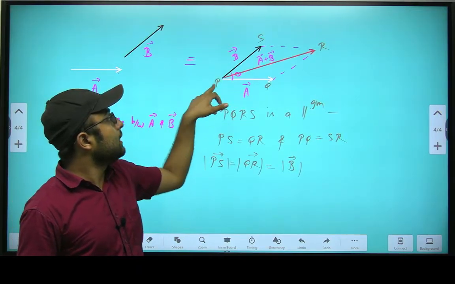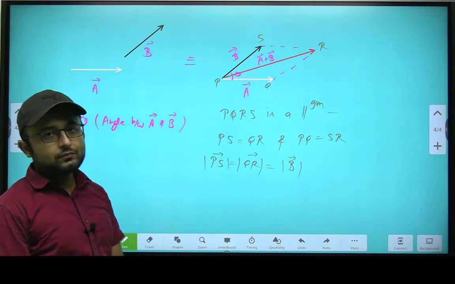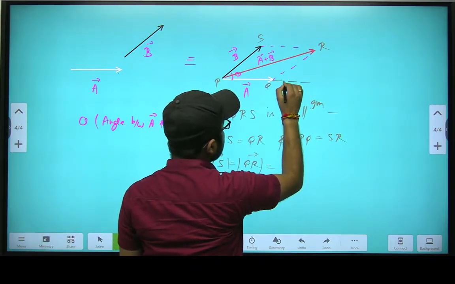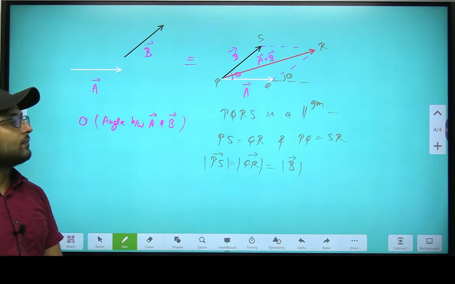So the magnitude of PS equals the magnitude of QR, which is equal to mod B. If this angle is theta, then this angle will also be theta, by corresponding angles.